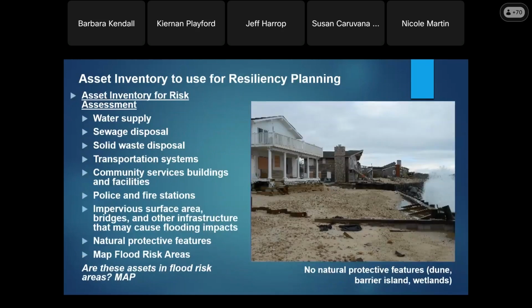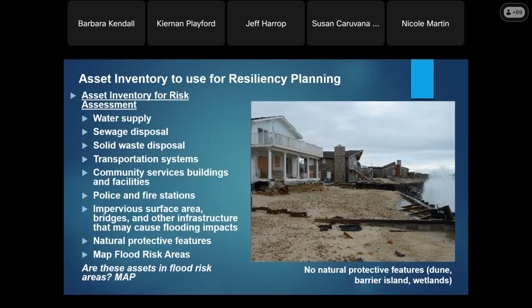So to continue on with requirements for the inventory and analysis, we're expanding a little bit here on flooding and erosion risks. And at the Department of State, we're doing a lot more work on resilience planning and how that can be included in LWRPs and also LWRP implementation projects.